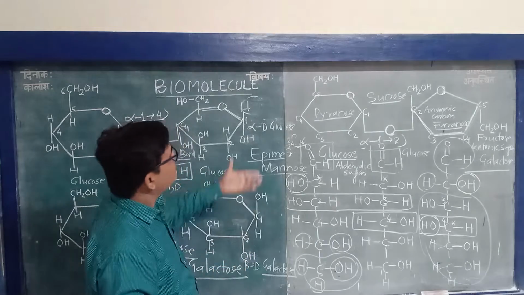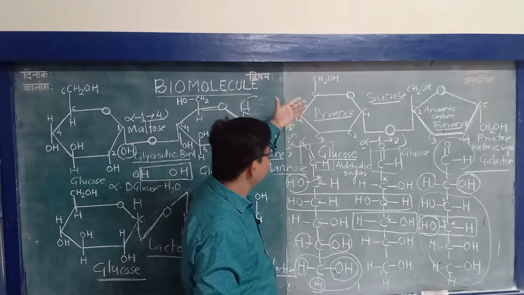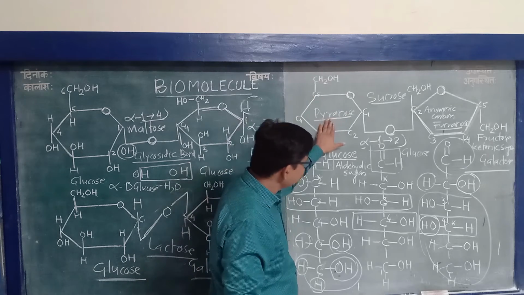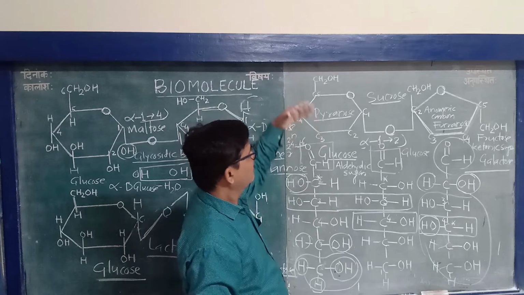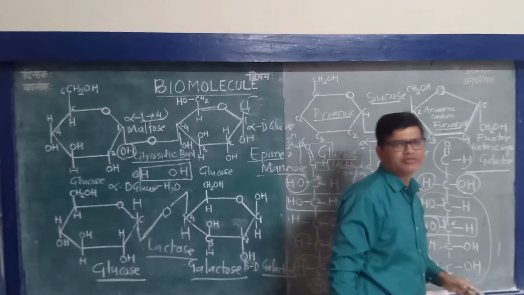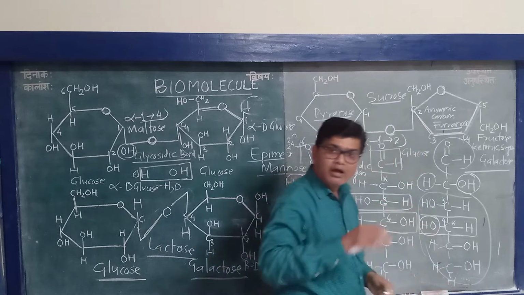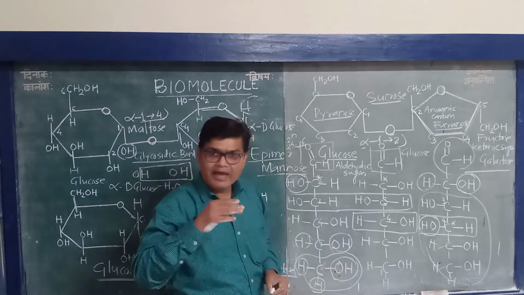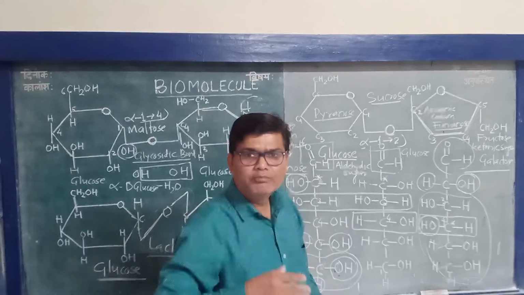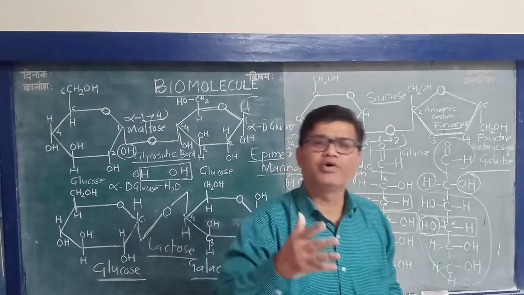And what do you mean by pyranose ring? It means if it has a 6-membered ring, then it is a pyranose ring. If there is a 5-membered ring, then it is furanose. You know, carbohydrate is the aldehydic or ketonic form of polyhydroxy alcohol.